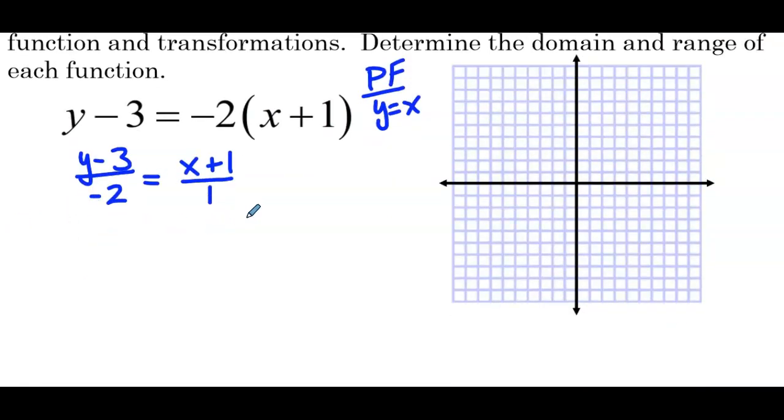So looking at our scale factor first, our scale factor is 1, negative 2. So we have a vertical stretch by a factor of 2 and a reflection over the x-axis. And then we're going to follow that up with a translation. So x plus 1, we're going to subtract x by 1, and we're going to add 3 to y. So we're going to shift it left 1 and up 3.